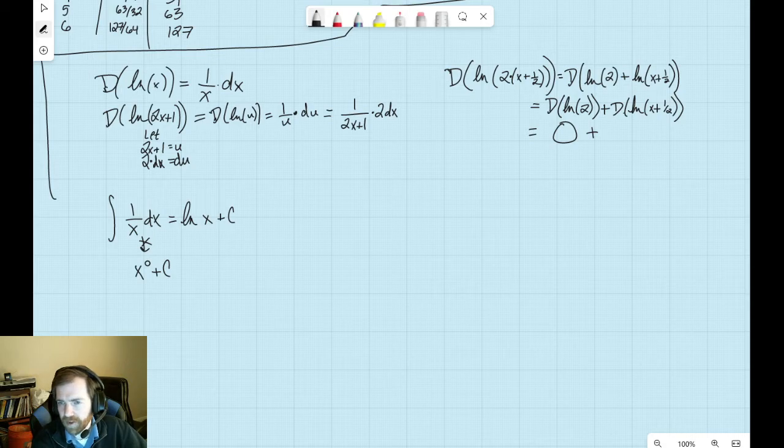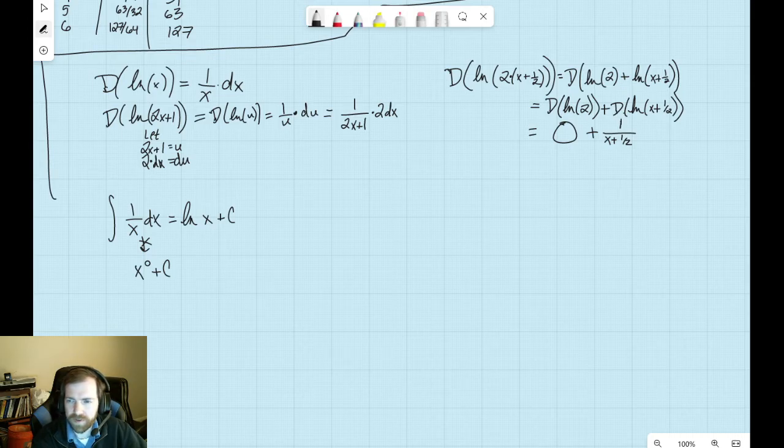They're not actually used at all. The derivative of the natural log of this thing is going to end up being 1 over x plus a half. Right, and there's nothing else attached to it.